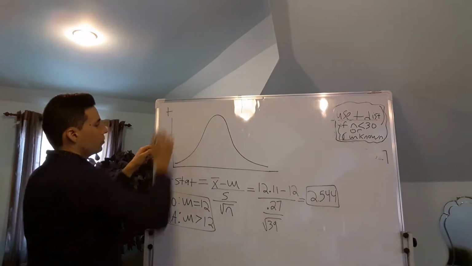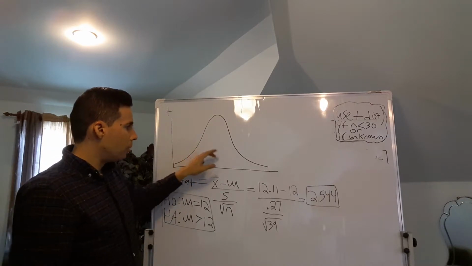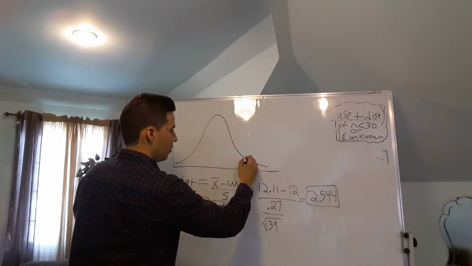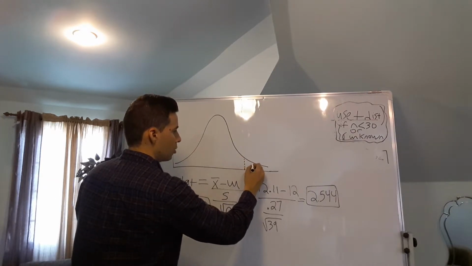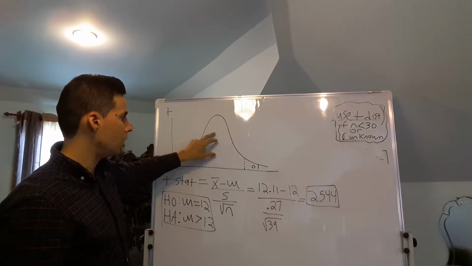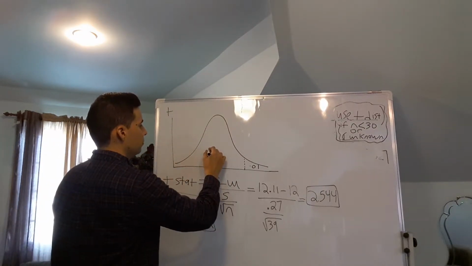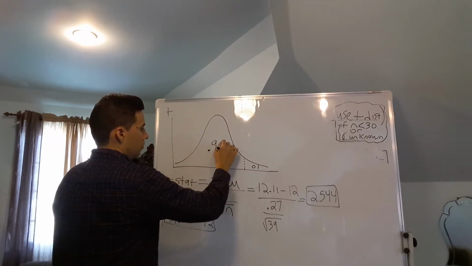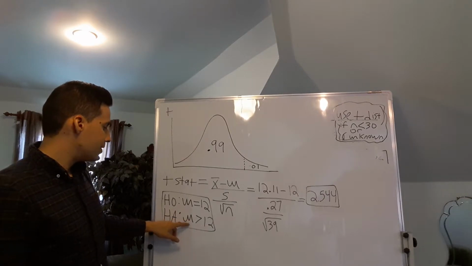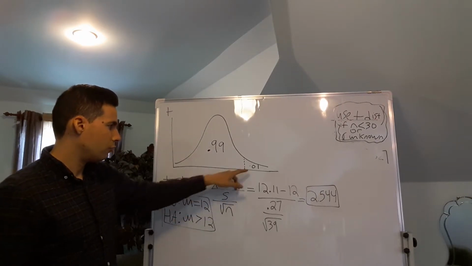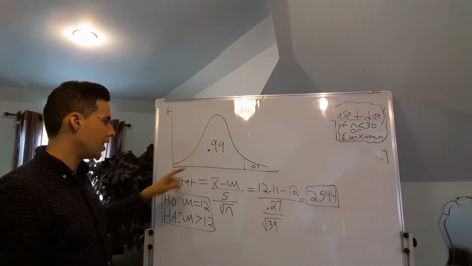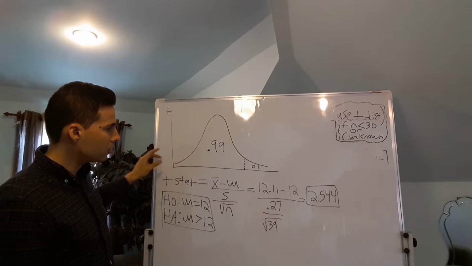The reject region is going to be at the 1% significance level. So let's write it here: this is going to be 0.01, which means there's 99% probability on the left of this tail. So this is just a right tail test. We're just trying to test whether the mean is greater than 12. We don't have to concern ourselves with the chances that it could be less than 12.